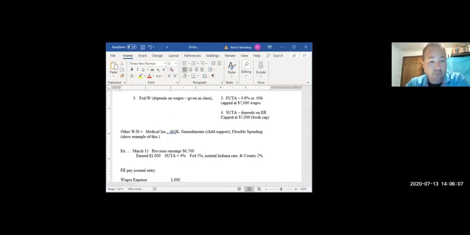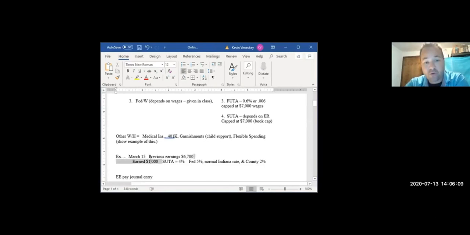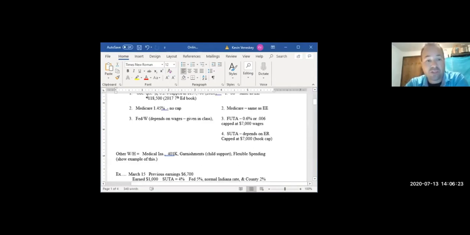I have this employee, and it tells us what their previous earnings are. And that's important for cap reasons, for Social Security and FUTA and SUTA. Now, if this employee has only made $6,700, they're nowhere near the Social Security cap of $118,000. They're a long way away from that.